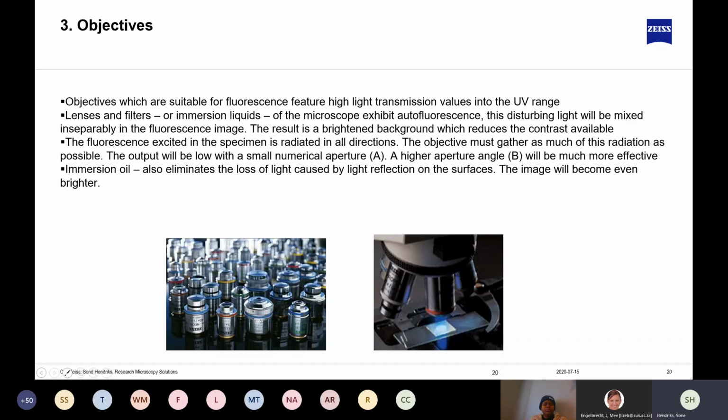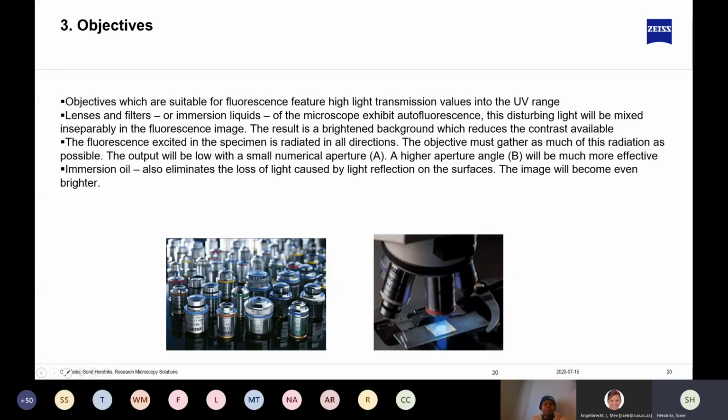Some of the things that should be considered: if you are working with dyes that have very low or very high wavelengths, then you need to ensure that the type of objective you're going to use is suitable, with high light transmission values into the UV range for excitation, and then into the far red range for emission, if those are the ranges that you're interested in for your research.